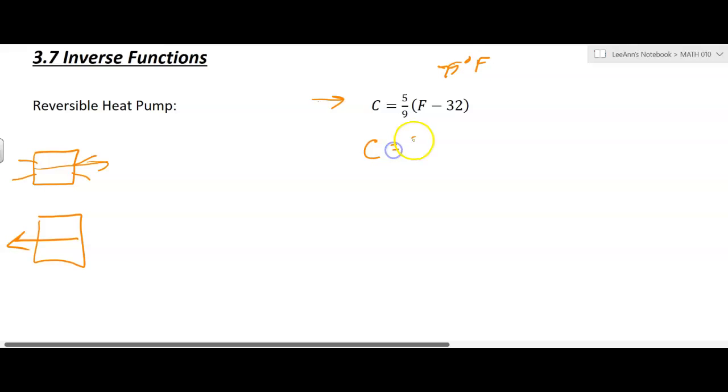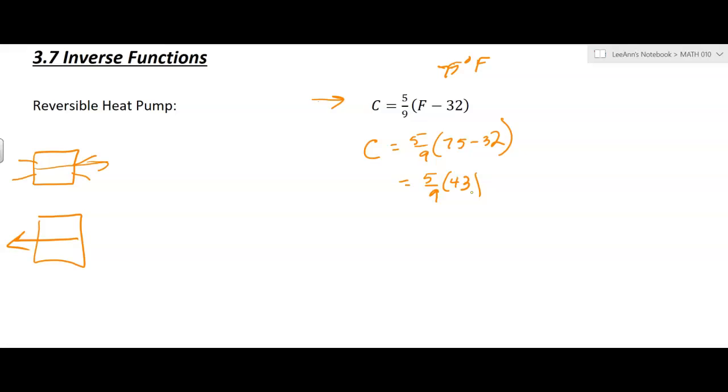So you put it in the formula, 5/9 times 75 minus 32, which is 5/9 times 43. Let me just do that on my calculator really quick. 5 times 43 divided by 9, and it's about 24 degrees Celsius.